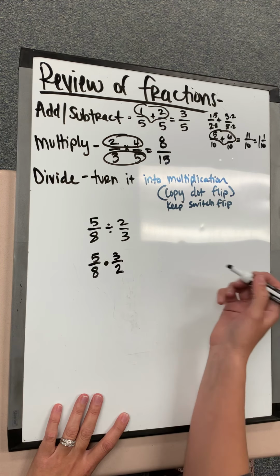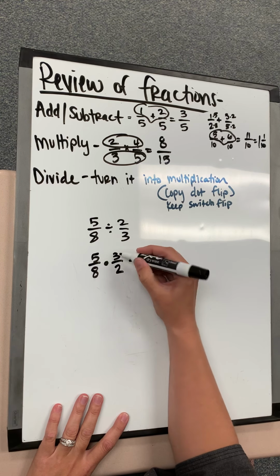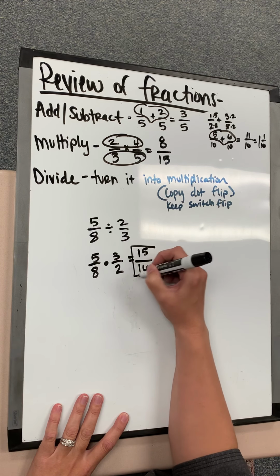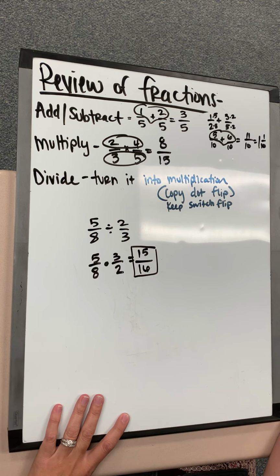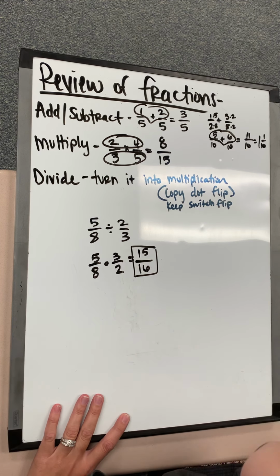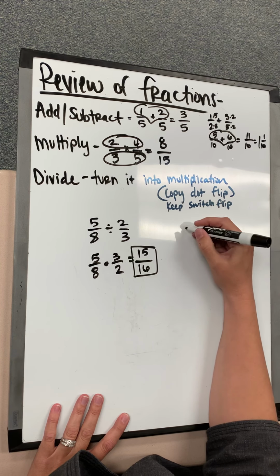Now, because it's multiplication, I can just go straight across the top. 5 times 3 is 15, 8 times 2 is 16, and that would be my answer. You can go ahead and check it. Matter of fact, you can even do it with whole numbers. Something that is important to note is any number can be turned into a fraction by putting it over 1.